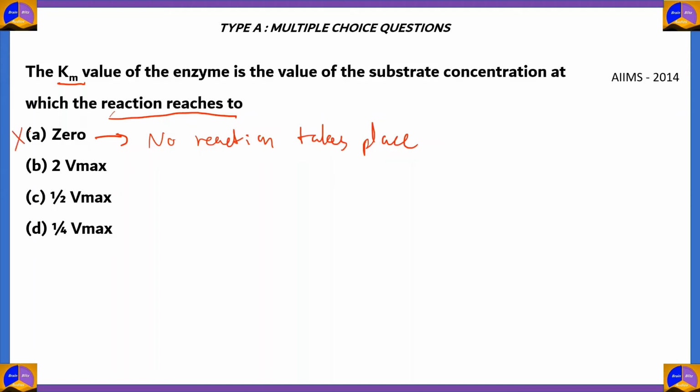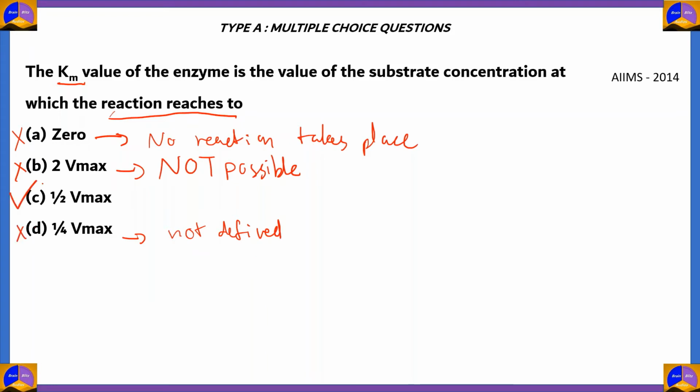So option A is incorrect. Option B, 2 Vmax. This scenario is not possible because the highest velocity that an enzyme can go through, the highest rate of reaction that an enzyme can reach, is known as Vmax. Therefore, 2 Vmax is not possible. Option D, 1/4 Vmax. This quantity is not defined, so it's incorrect.